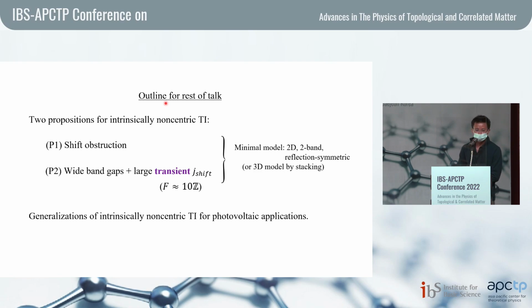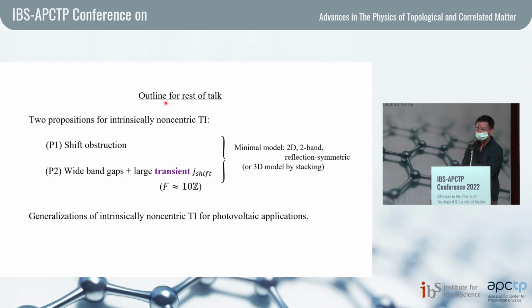Okay, so in some sense I've set up the rest of the talk. This is the outline for the rest of the talk. These are the two propositions: the shift obstruction, and wide band gaps with large transient shift current. These two propositions will be exemplified by a minimal model that's reflection symmetric, in two dimensions.